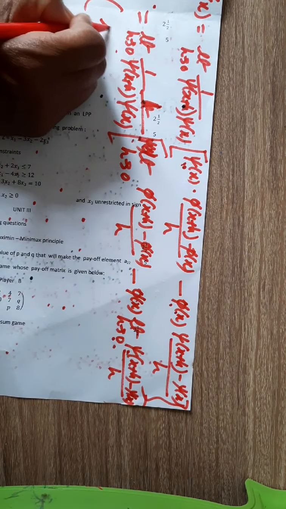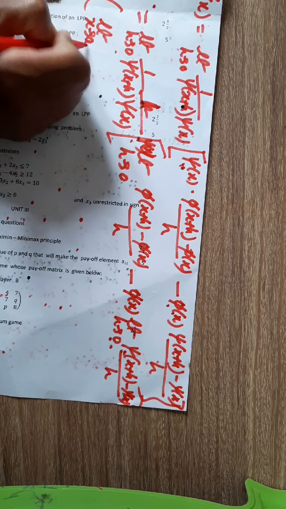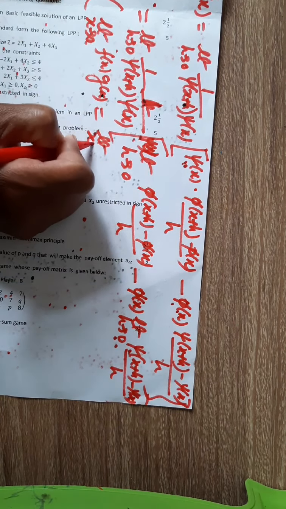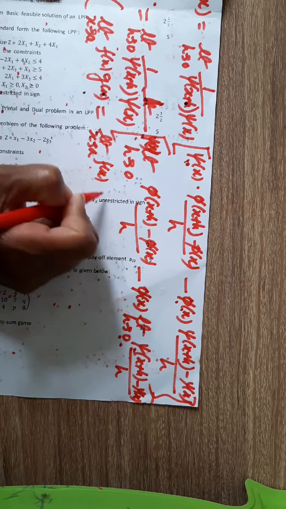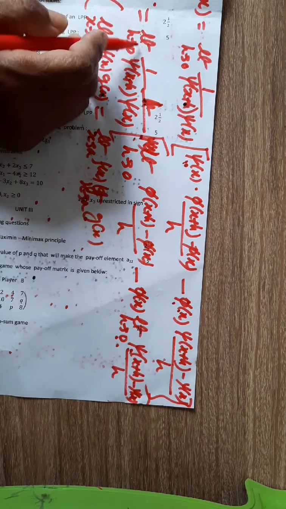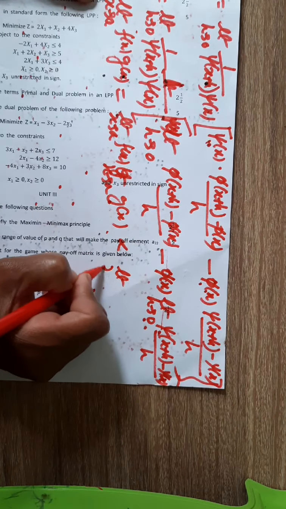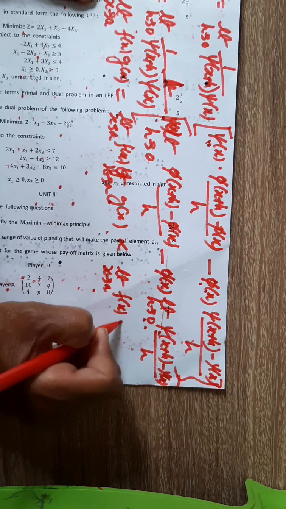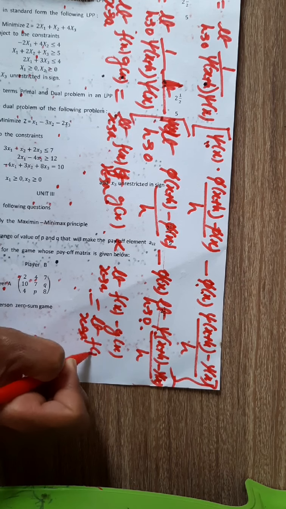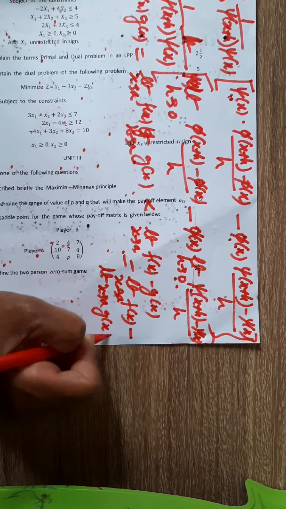Here we can apply that property of limits of functions: limit x tends to a of f(x) g(x) is equal to limit x tends to a of f(x) into limit x tends to a of g(x). So by applying this property, I'm getting this thing. And also you can apply this one: limit x tends to a of f(x) minus g(x) is the same as limit x tends to a of f(x) minus limit x tends to a of g(x).